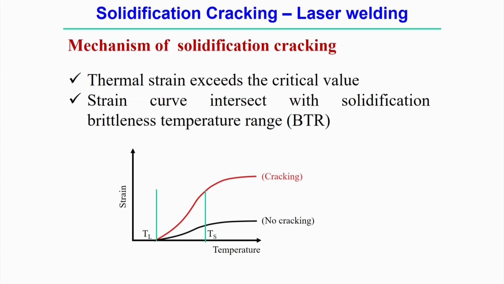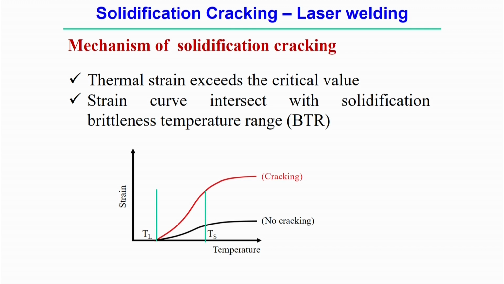But if the thermal strain developed between the solidus and liquidus temperature is very high and crosses the critical value of the thermal strain, that induces some amount of solidification cracking. So by looking into the amount of thermal strain generated during this process and comparing it with the critical amount of strain, we can predict whether solidification cracking happens in the laser welding process or not.